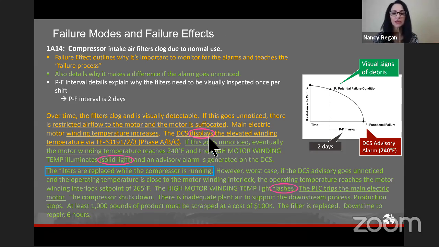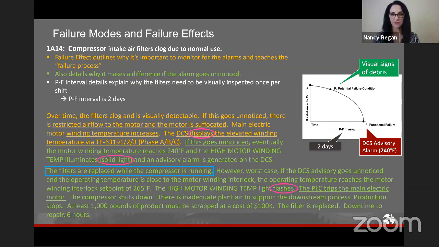The other thing is that when we write our failure effects this way, this failure effect can be a properly done FMEA, and what you can create is a troubleshooting guide from it. You can create a training program from it. Now it's going to take a little bit of work to extract that information, but you can extract it all. And here's the other thing.